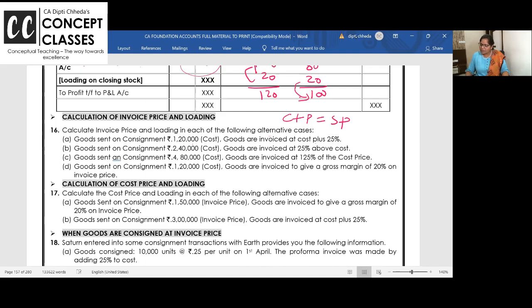So if the goods are invoiced at cost plus 25%, or they are invoiced at 25% above cost, or if they are invoiced at 125% of the cost price, or if goods are sent 120 and they are invoiced to give a margin of 20% on the selling price. So different languages, we will just practice to have a grip on this problem.